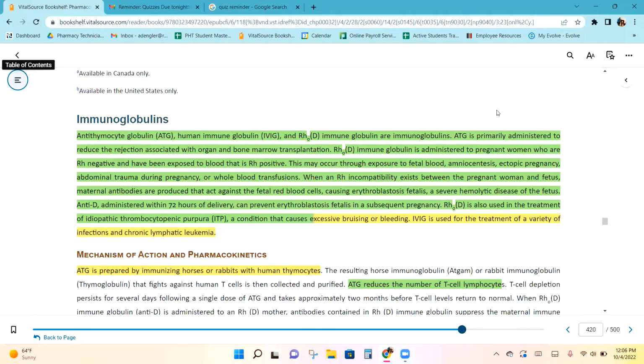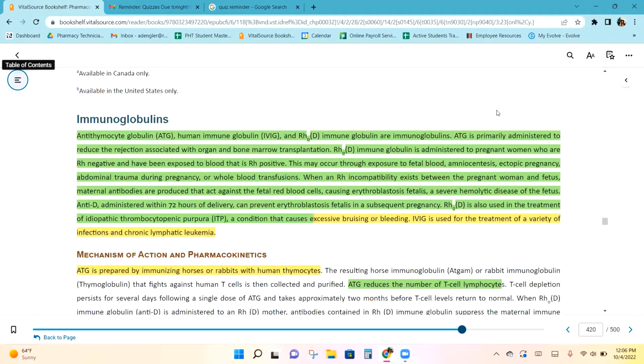So meaning if they're Rh negative and their fetus is Rh positive. This may occur through exposure to fetal blood, amniocentesis, ectopic pregnancies, abdominal trauma during pregnancy, or whole blood transfusion.